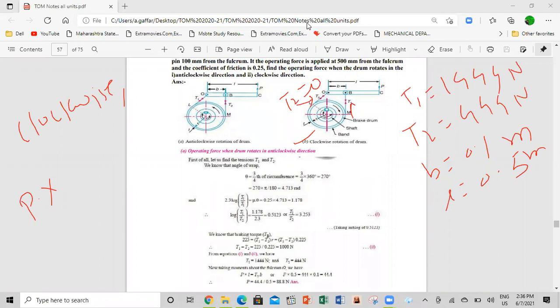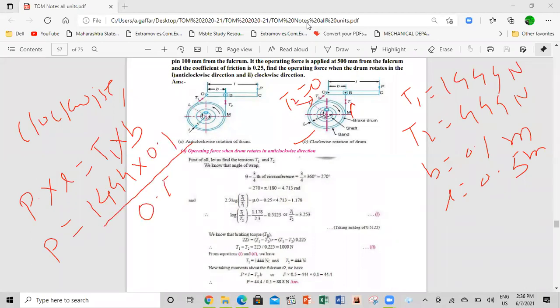So P into L is equal to T1 into B. So P is equal to 1444 into 0.1 divided by 0.5 meter. Solve and find the operating force for clockwise rotation of the drum.